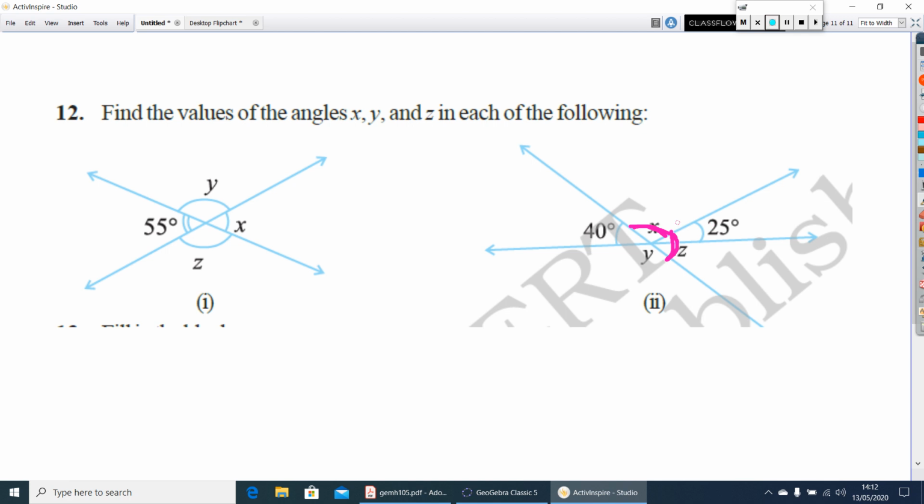Then to get x, you subtract sum of these two angles from 180, you will get x. Now y also, 40 plus y, you will get 180 degree. So to get y, you subtract 40 from 180, you will get the value of y.